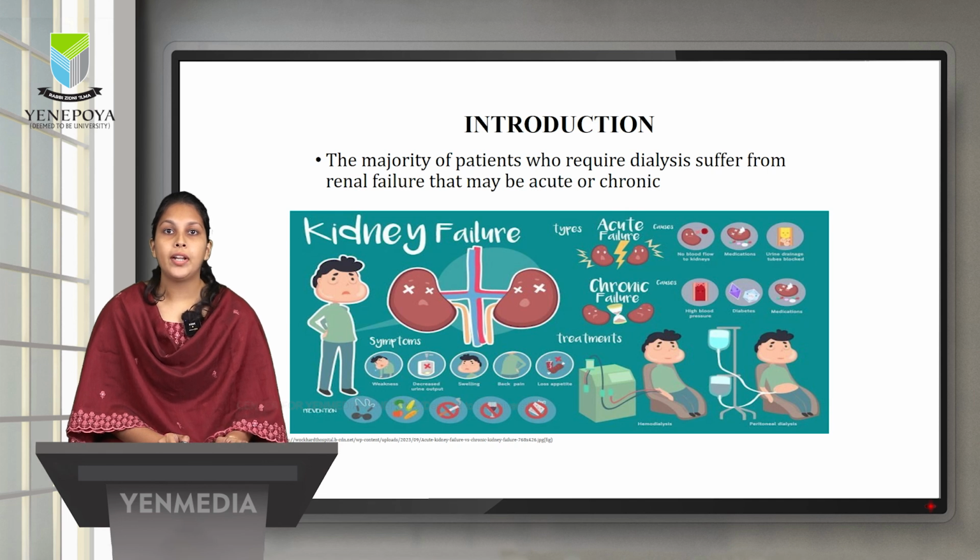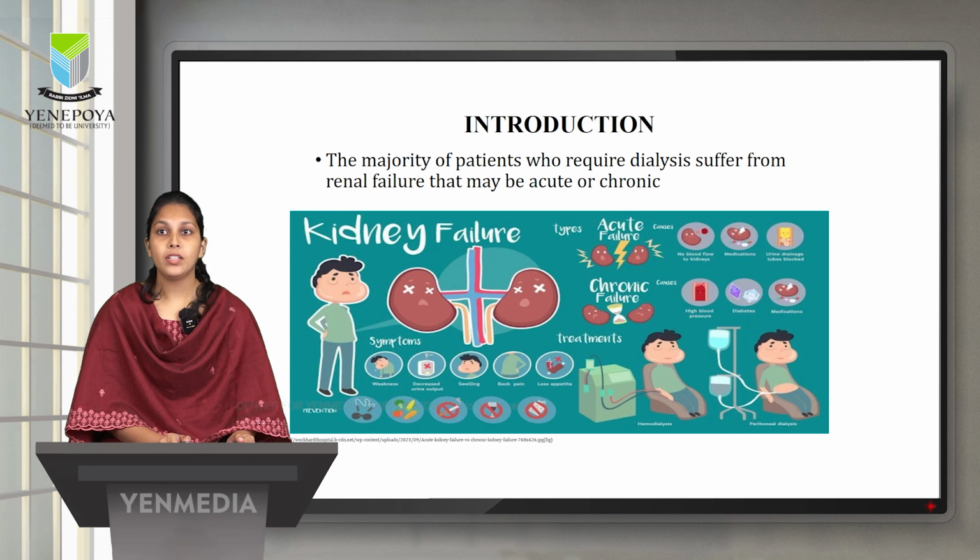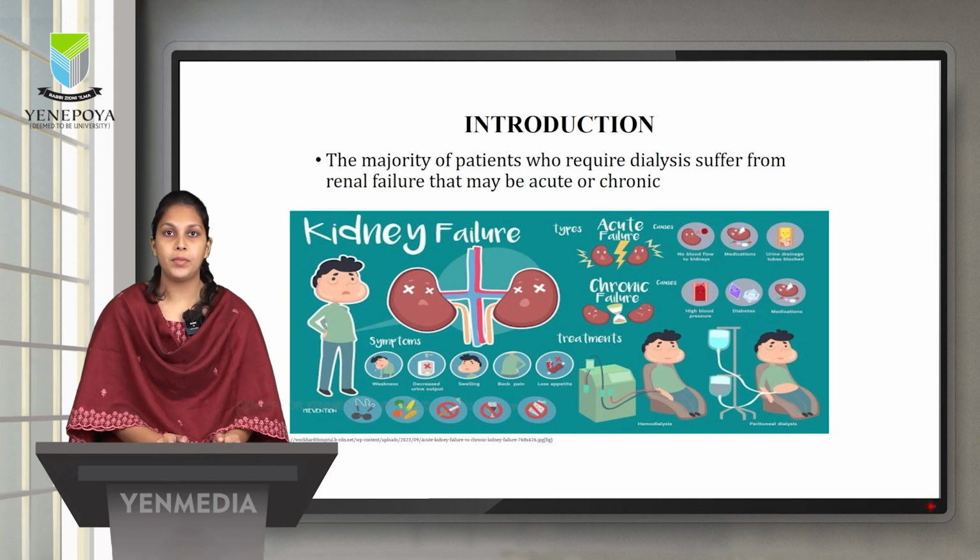The waste products will accumulate in the body, the normal composition of the blood will be disrupted, and the patients will get complications, and it can even lead to death. There are two types of kidney disease, acute and chronic.